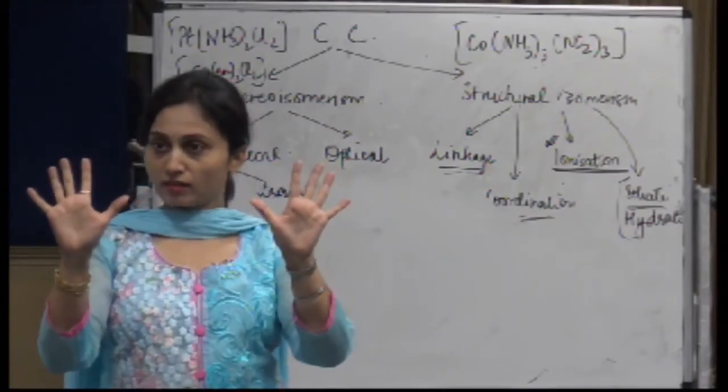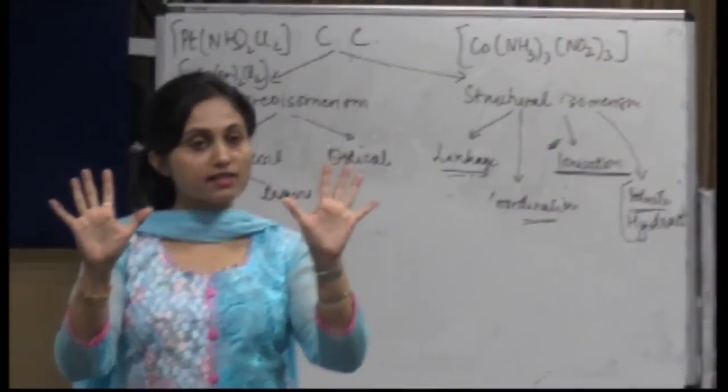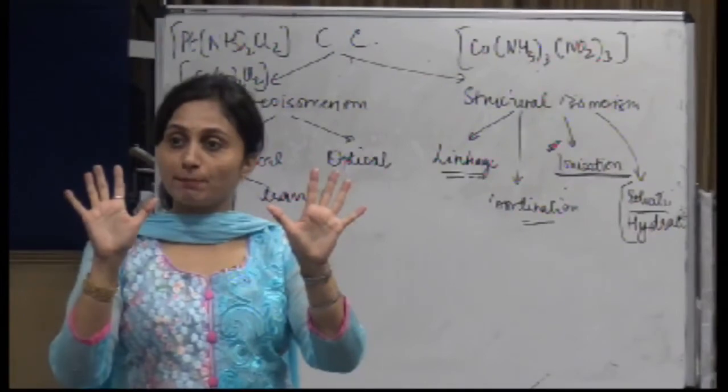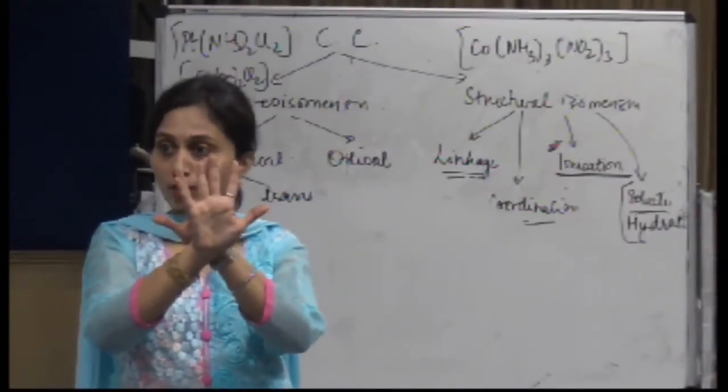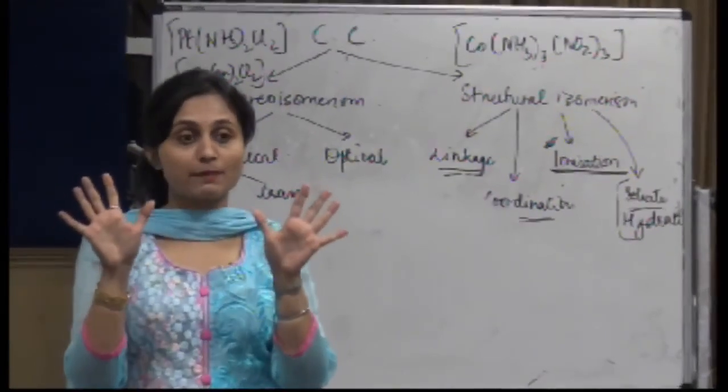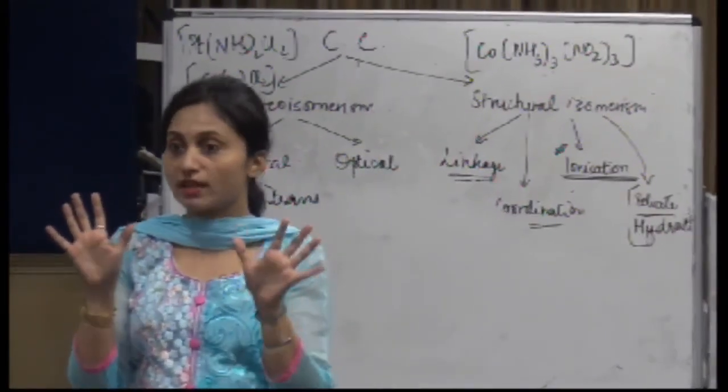ये है the main molecule and this is the mirror image of the molecule. You will just simply lift it up and now place it on top. Now is this superimposable? No. So that means it is displaying optical isomerism.